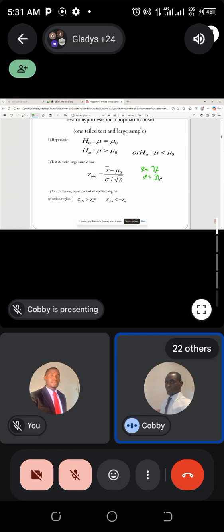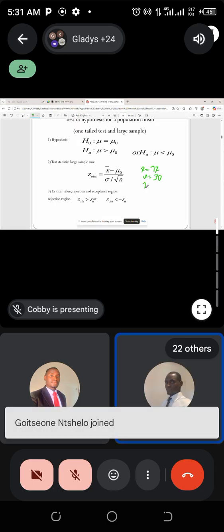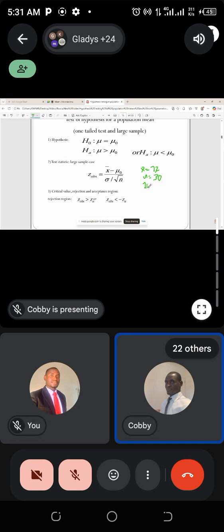Then the variance is 20. Then n is 10. Yes, this is the variance, and this side is 20.